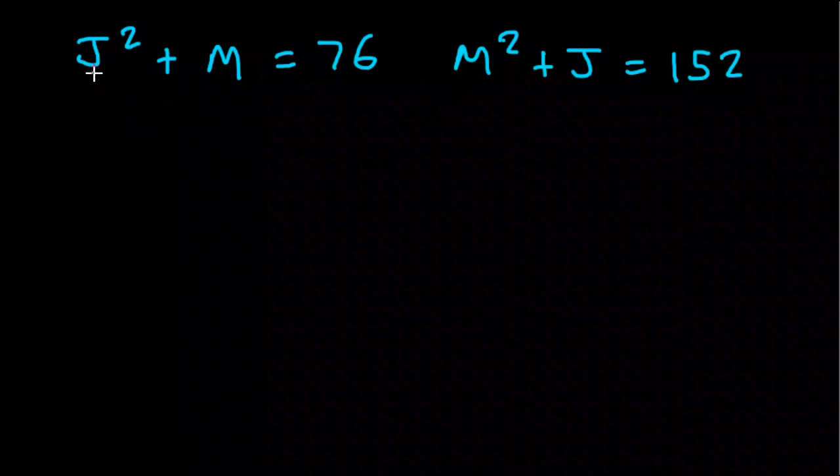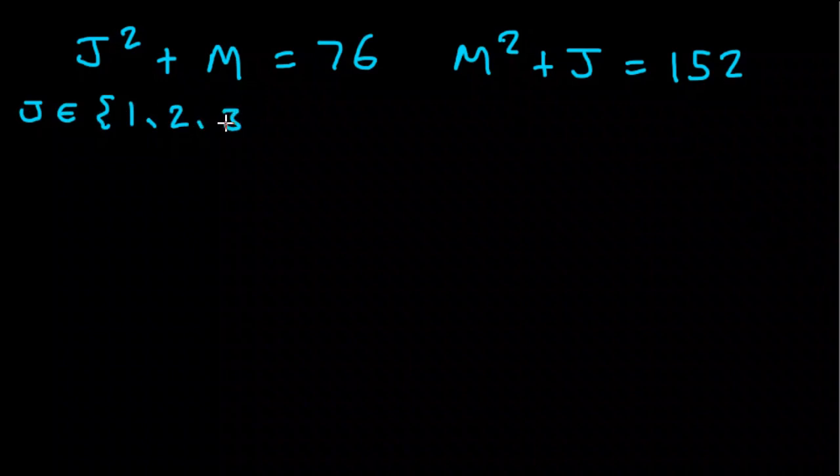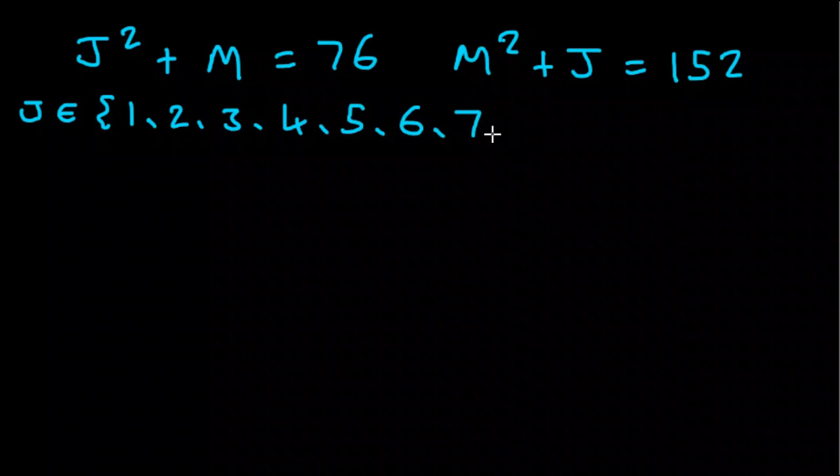J squared has to be less than 76. So J is in the set of values 1, because 1 squared is 1, 2, 3, so we're up to 9 now if we're looking at the squares. 4 squared is 16. 6 squared is 36. 7 squared is 49. 8 squared is 64.